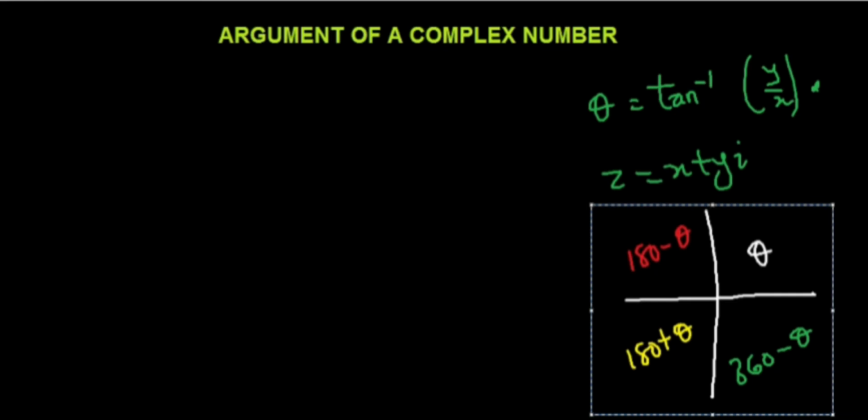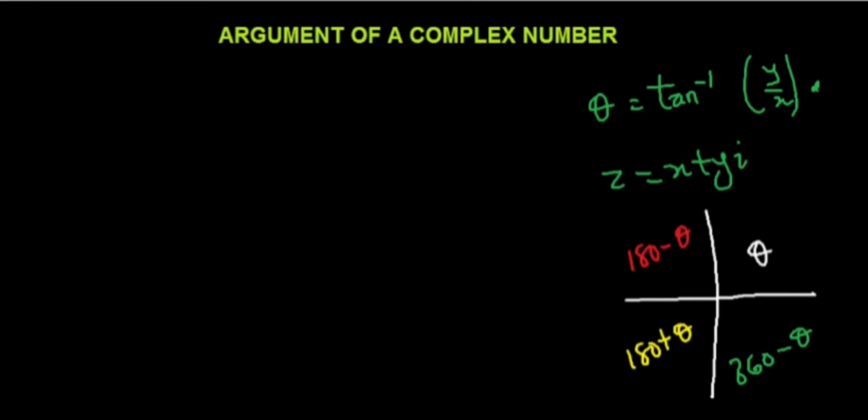Let's assume I have an example to solve like this. Find the argument of 2i plus 2. This is your x, and this is your y, the one with the i.